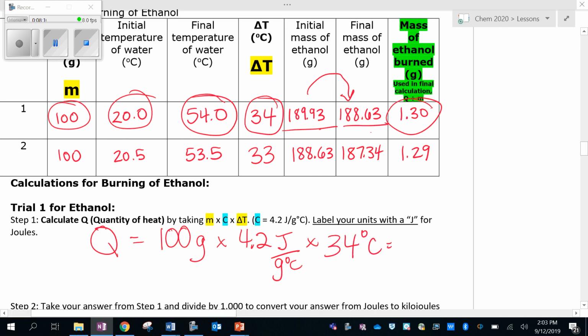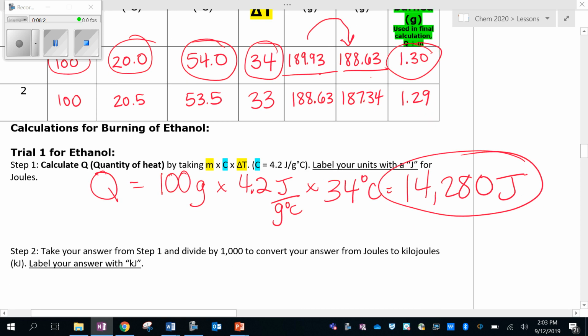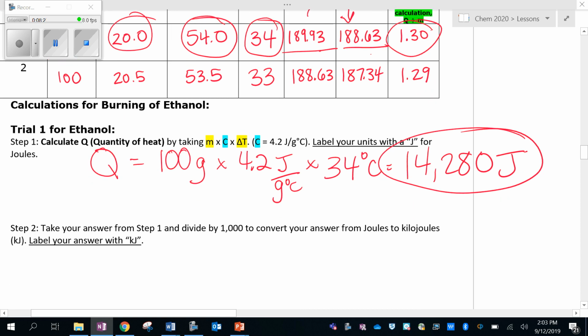And this comes out to be 14,280 joules. That's how much energy the ethanol released. And then let's get joules into kilojoules because it's smaller numbers, easier to work with. So we're going to take this number and divide it by 1,000, or you can move the decimal back 3. So that turns into 14.28 kilojoules.